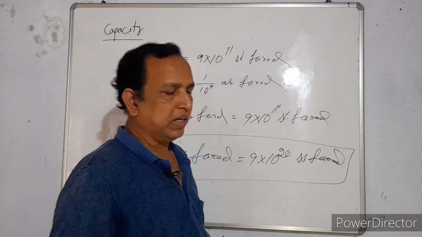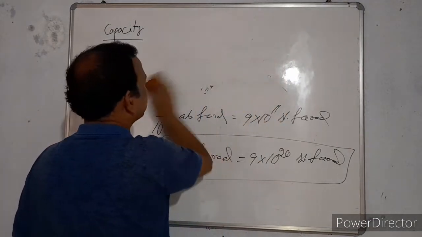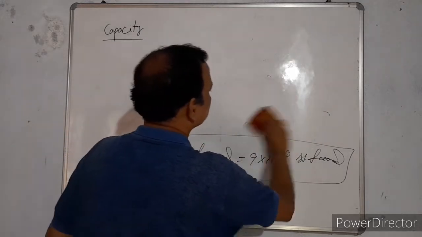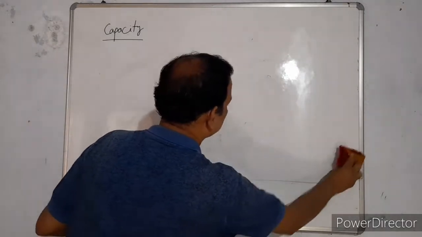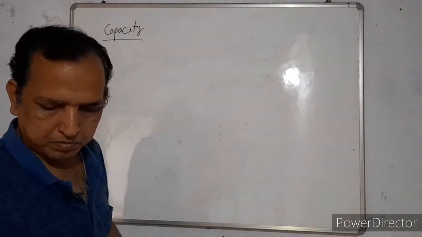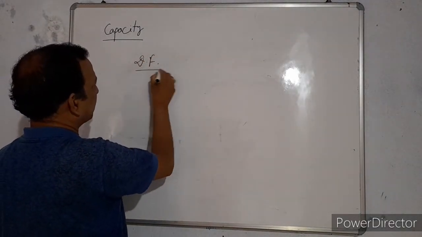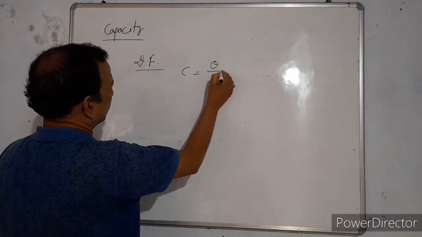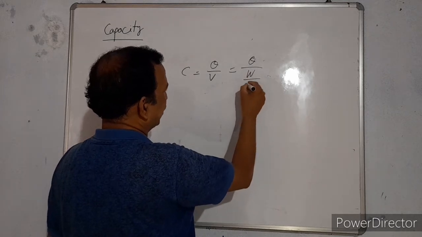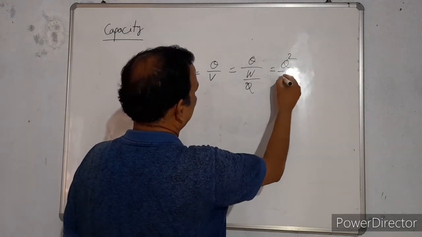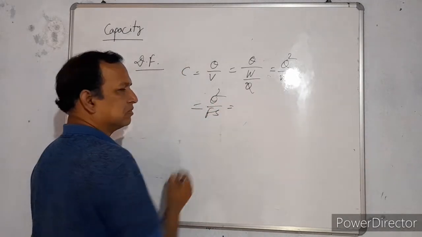Okay. Now dimensional formula. C is equal to Q by V. V is W by Q, so that is Q square by W, so Q square by F s.